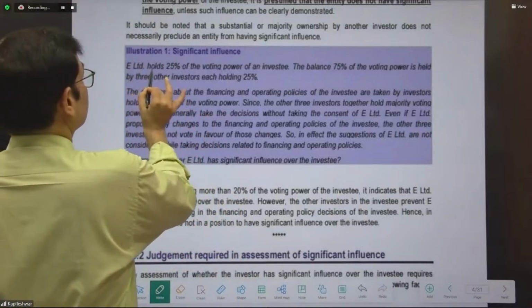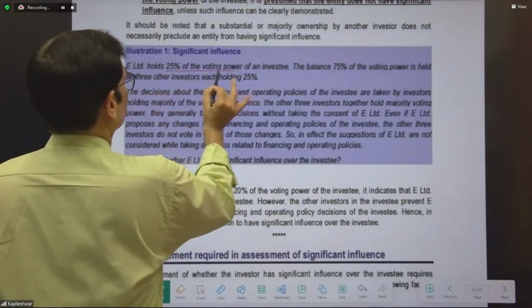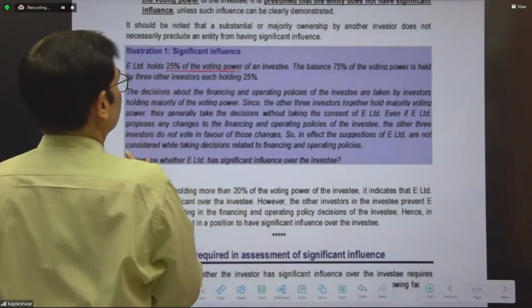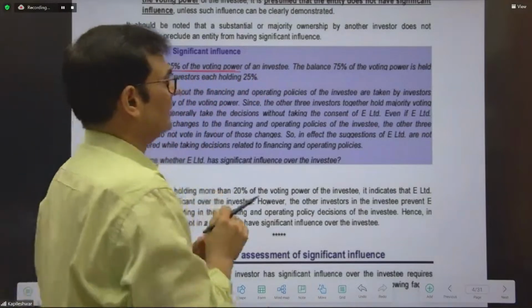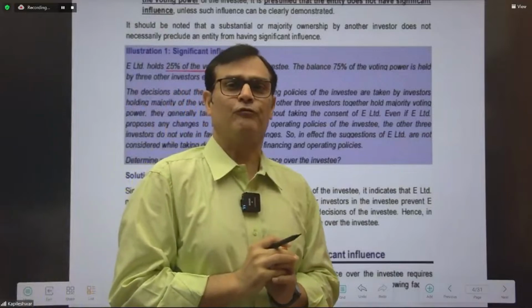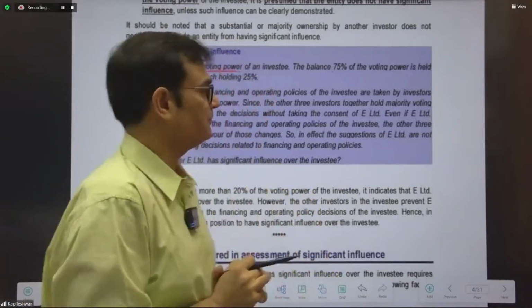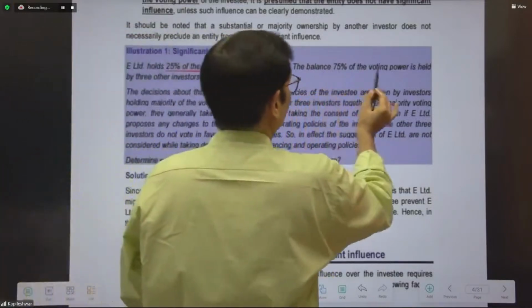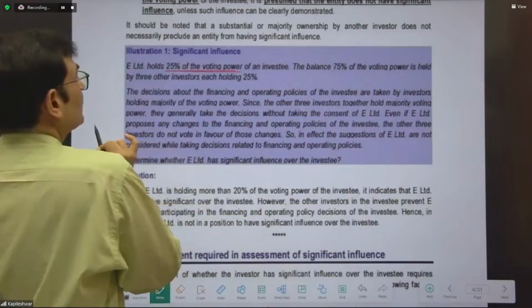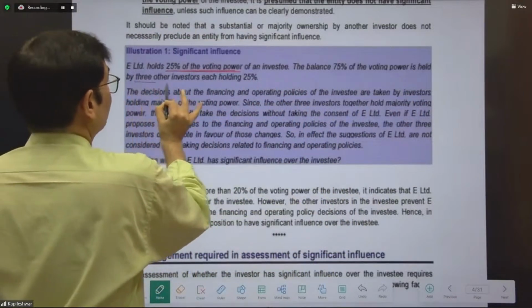It says E has got a 25% voting power of an associate, which implies a significant influence at the very apparent level. The balance 75% is held by 3 other investors, each holding 25%.